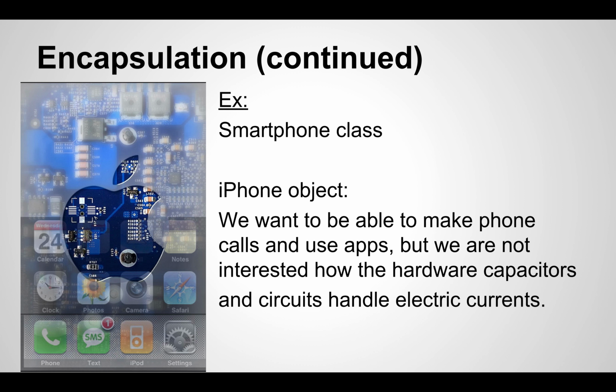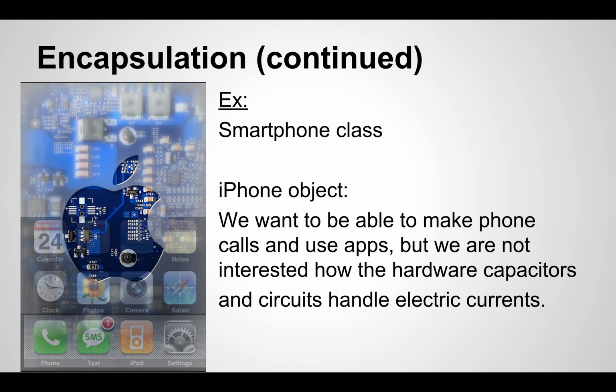Okay, so let's look at a concrete example here. Let's look at smartphones. Let's say you have a class called smartphone. One object would be the iPhone, or the BlackBerry, or any other Android phone, such as the Nexus One. So all of these phones are smartphones, and those are objects because they're instantiated. Now, we want to be able to make phone calls and use different apps, right?